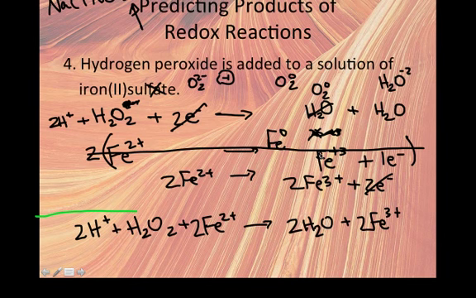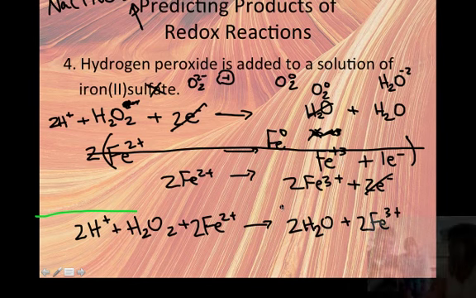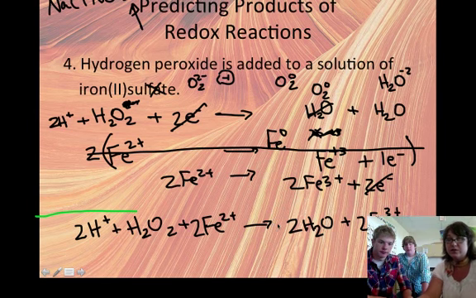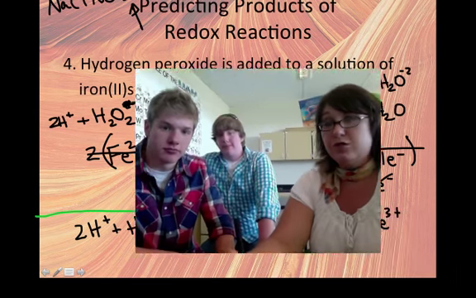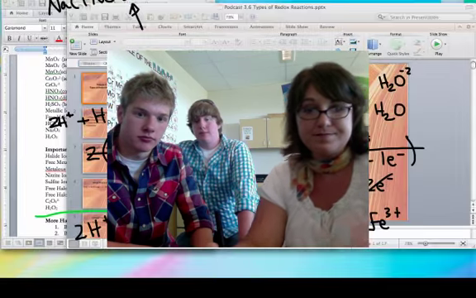You're going to lose 1 point for predicting the wrong products. But if you can balance that, you're going to get the point for balancing. If you balance it and get the reactants that fit what you put down, you still get most of the points. So even if you guessed wrong in predicting the products, be consistent in the rest of your work and you'll get the credit for that part. So at least if you don't know what to do, you just might accidentally get points.